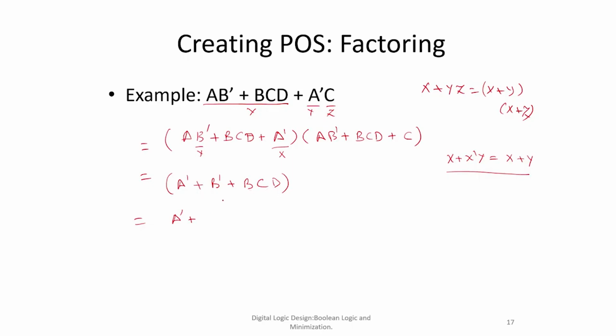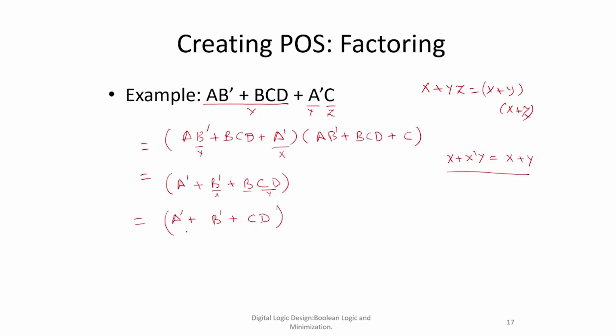So again I have to call it b' plus cd, correct? Why did it happen? Because now I consider this as x and this part as y. So this becomes x plus y. So this becomes this. Okay.